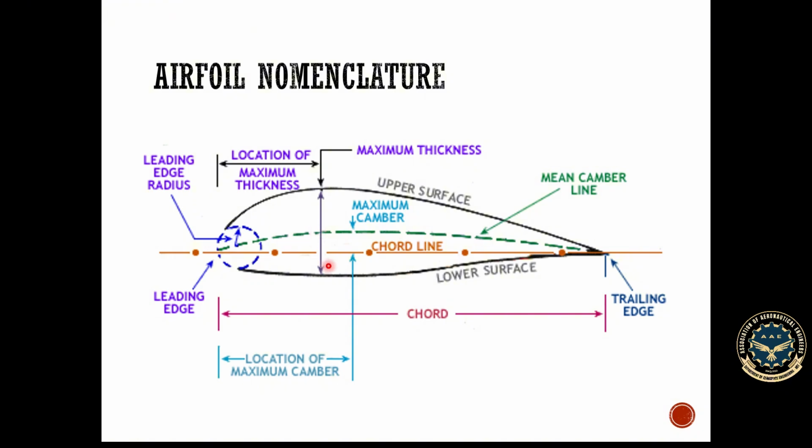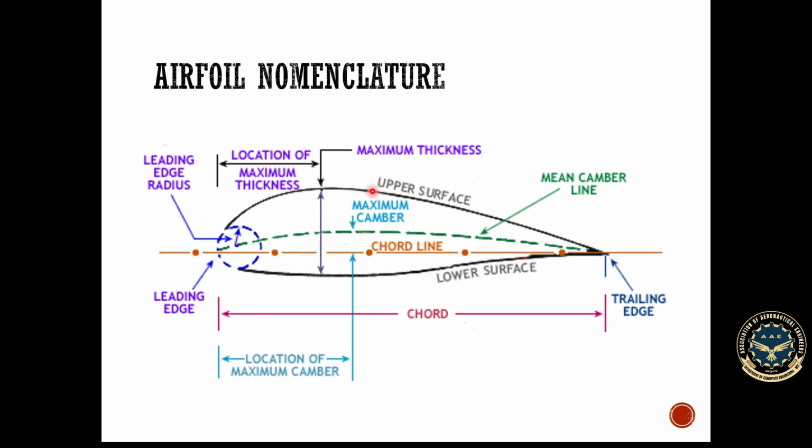So what is the mean camber line? Let us take any section on the airfoil. Let us take this section, this violet arrow. Say you cut a section there. If you take the midpoint of this line, it will be somewhere around here. Then say we cut another section here, draw a line, and take its midpoint, it will be here.